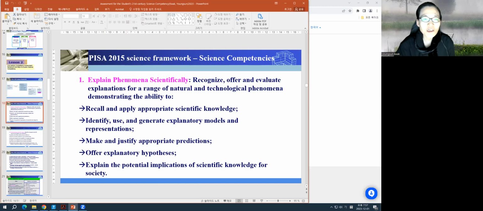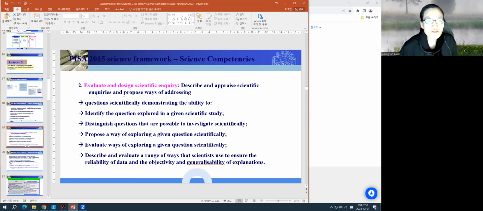The first science competency that is assessed in PISA is explain phenomena scientifically. The second one is evaluate experimental design, science inquiry.